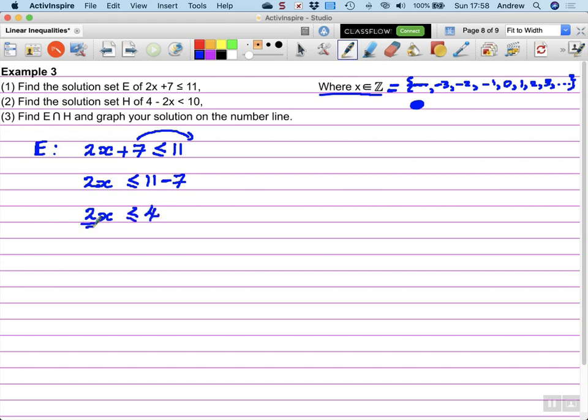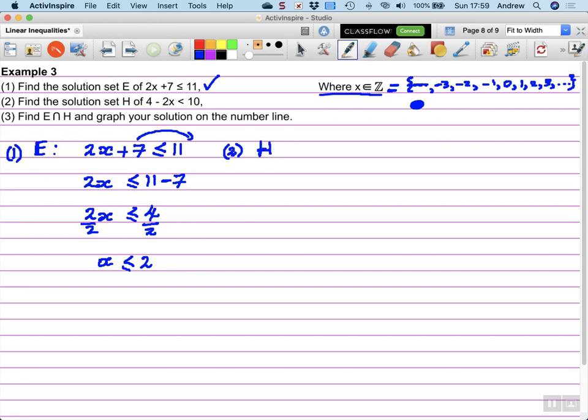And then we're going to divide both sides by 2. And then we end up with x is less than or equal to 2. And it says find the solution set. We have found the solution set. It doesn't mention for part 1 to draw it. It just says find the solution set. Number 2 refers to the set H.